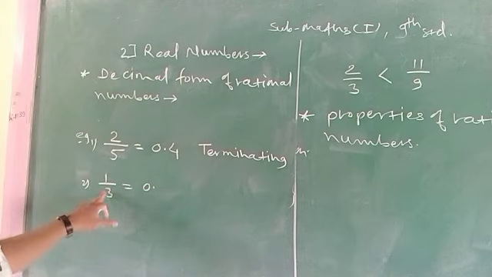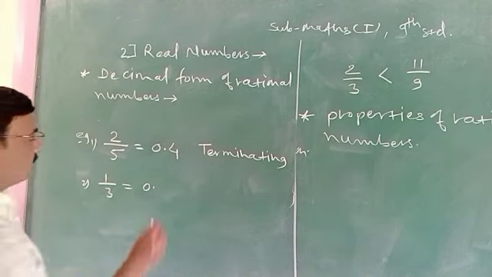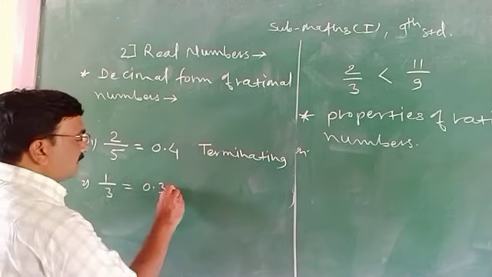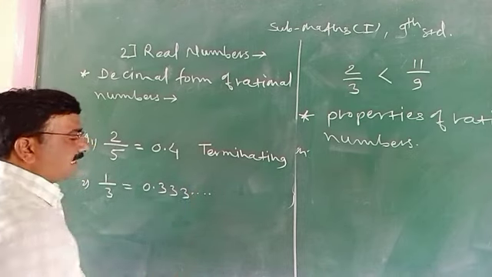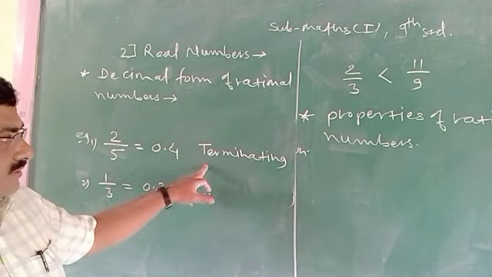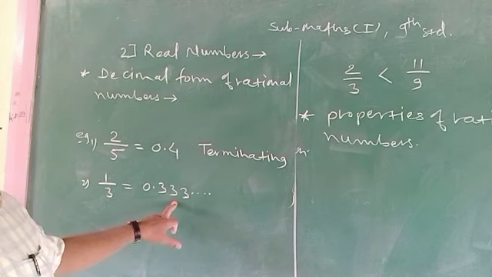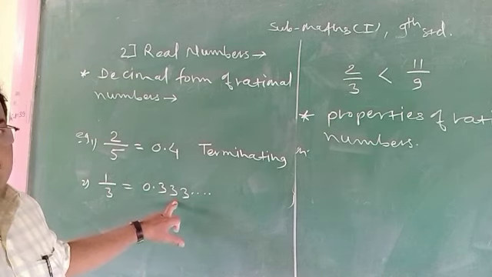Then if we take another example, 1 upon 3, again 0 point. Divide this 1 by 3, take 0 on that, then 3 3s are 9, again 1 is remaining, take 0 on that, 3 3s are 9, 3 3s are 9, and so on. This is non-terminating but recurring.